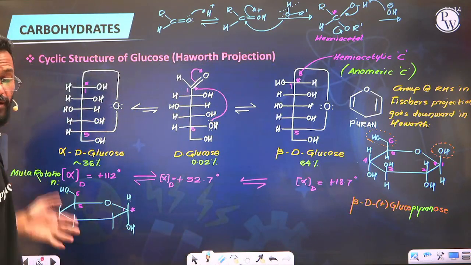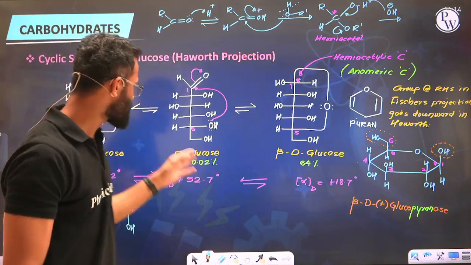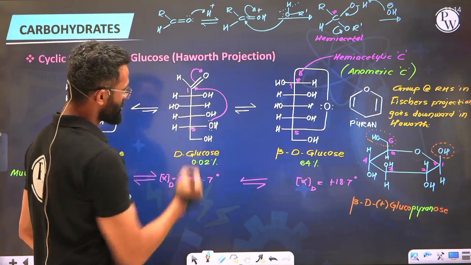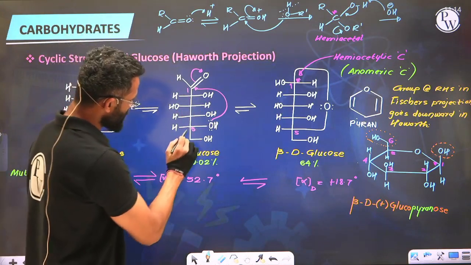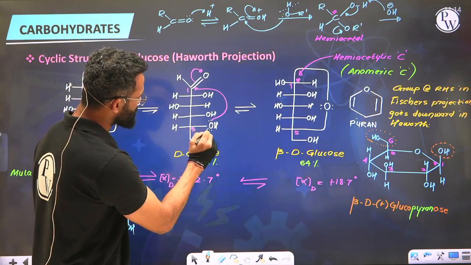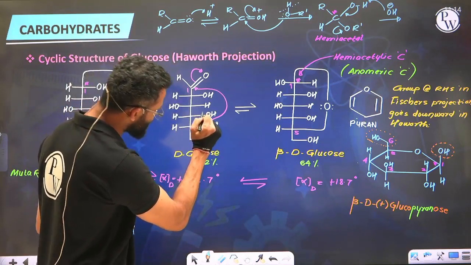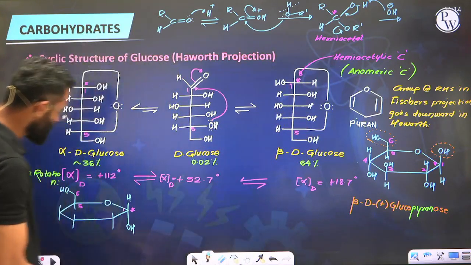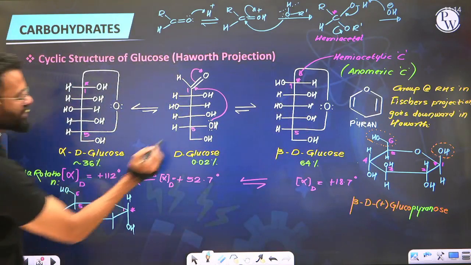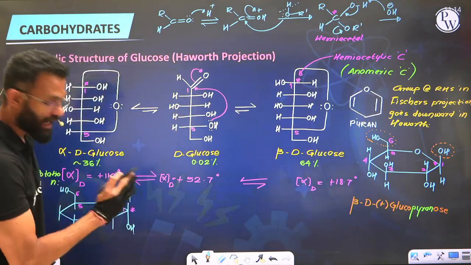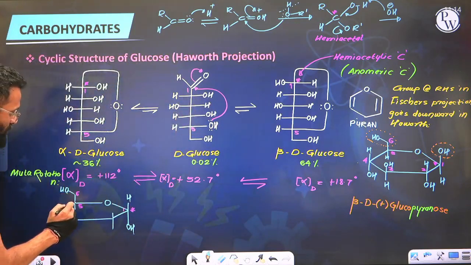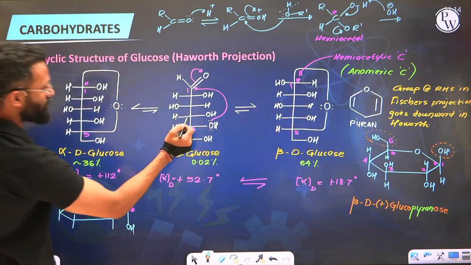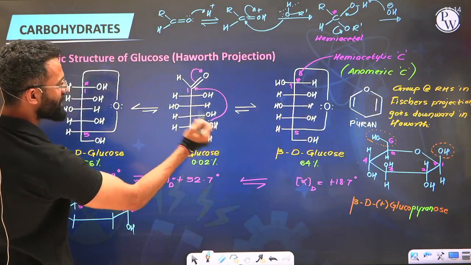Now see, when we were drawing the open chain structure of glucose, we were following one order: right, right, left, right, right, right, left, and right. It's just that the right which we used to say while drawing the open chain structure, that OH no more exists at carbon number 5, because the same OH is now utilized in the formation of this oxygen linkage. So at carbon number 5, I'm not going to put OH. But for the rest, carbon 4, 3 and 2, right, left, right still exist.